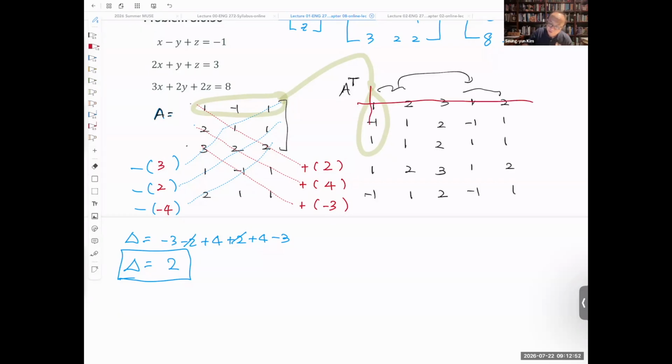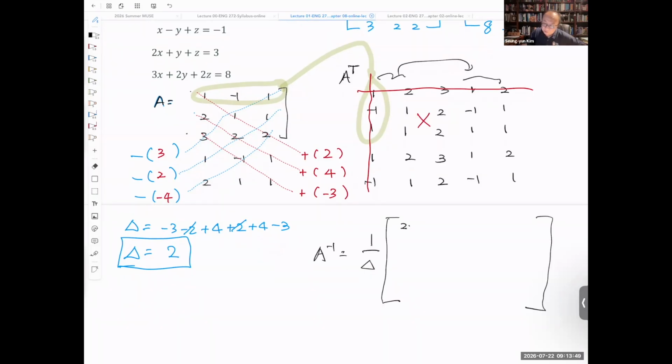Scratch out first row, first column, and then our inverse matrix is 1 over delta times AD minus BC for each entry.